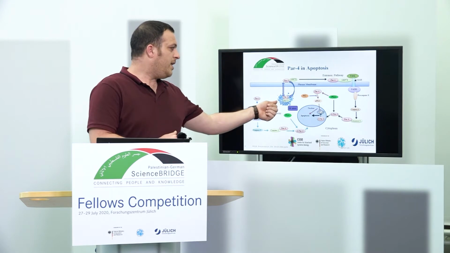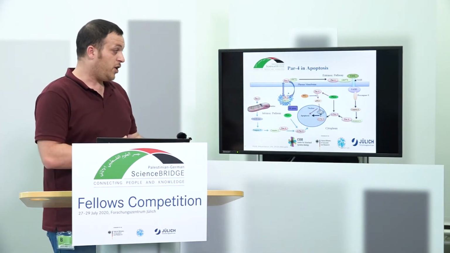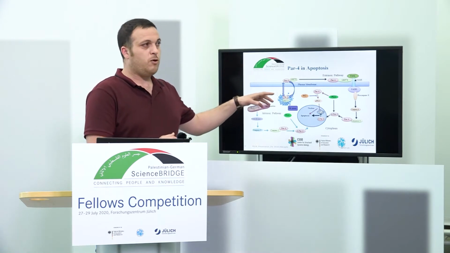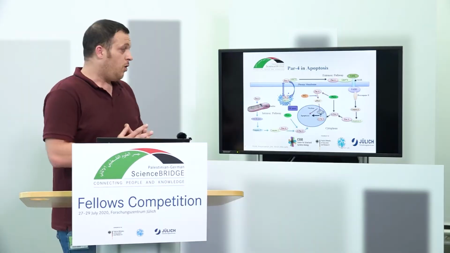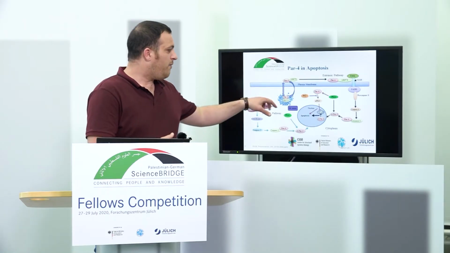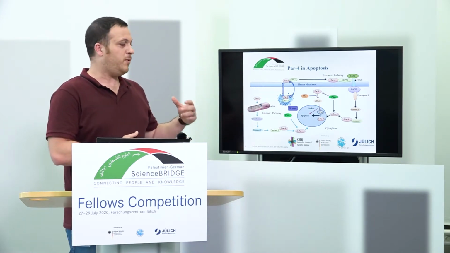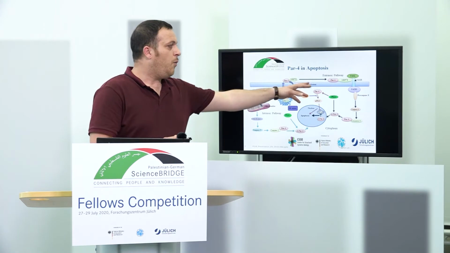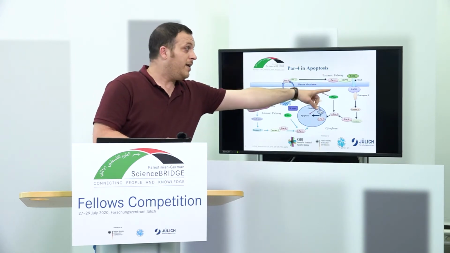We have the protein glucose-regulating protein 78, which is normally resident at the endoplasmic reticulum, and Par-4 is normally secreted outside of the cell, in normal cells and cancer cells. So when there is an apoptotic stimulus, what will happen? Par-4 will bind to glucose-regulating protein 78, and they both will move to the plasma membrane, where they will activate the Fas-FADD apoptotic pathway.